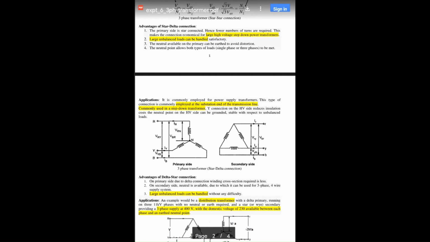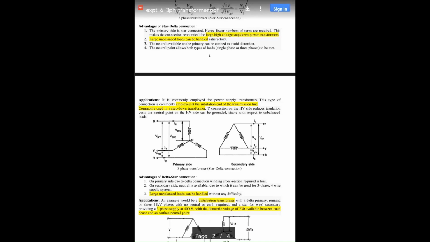When we talk about transmission lines from the sending end to the receiving end, when no load is connected, the system is balanced. In this star delta connection, it can handle large unbalanced loads as well, and it is used in high voltage step down transformers.